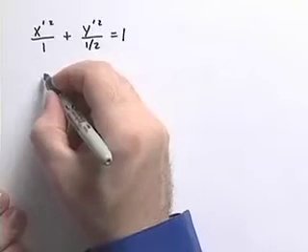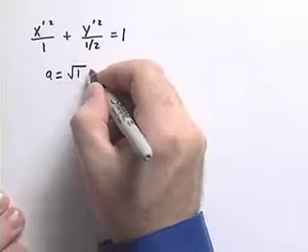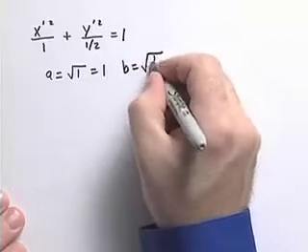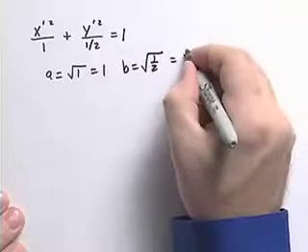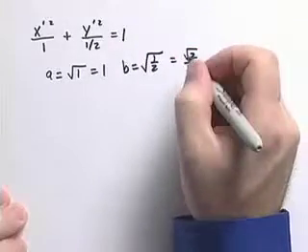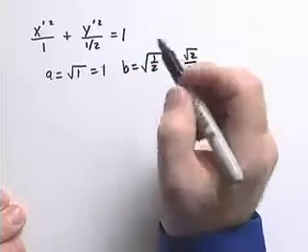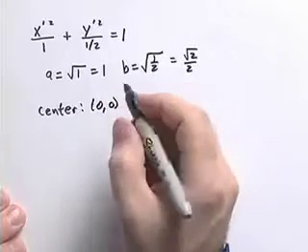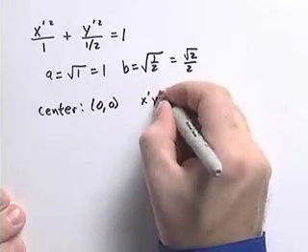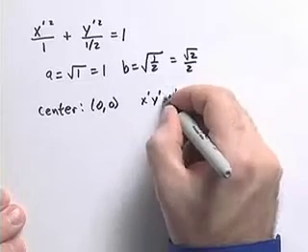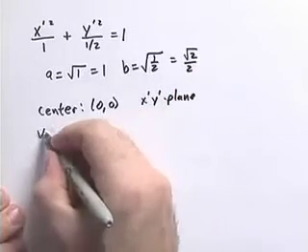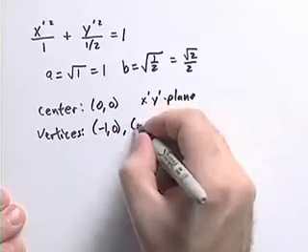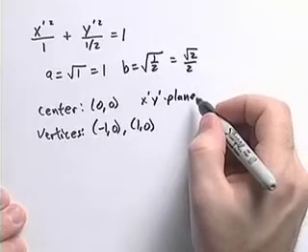In this form, we can see that a is equal to the square root of 1, which is 1. b is equal to the square root of 1/2, which gives us the square root of 2 over 2. This is the equation of an ellipse with the center at 0, 0 in the x prime, y prime plane. The vertices are going to be -1, 0 and 1, 0, again in the x prime, y prime plane.